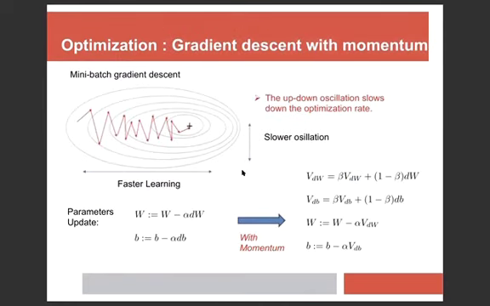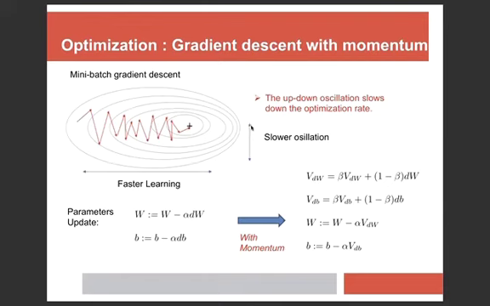Also, for your interest, in this slide we will show what it means to add momentum to the traditional gradient descent. On the figure, we have several cost contour lines. When we implement mini batch gradient descent, we can see the oscillation here, but it also trends towards the optimal value.